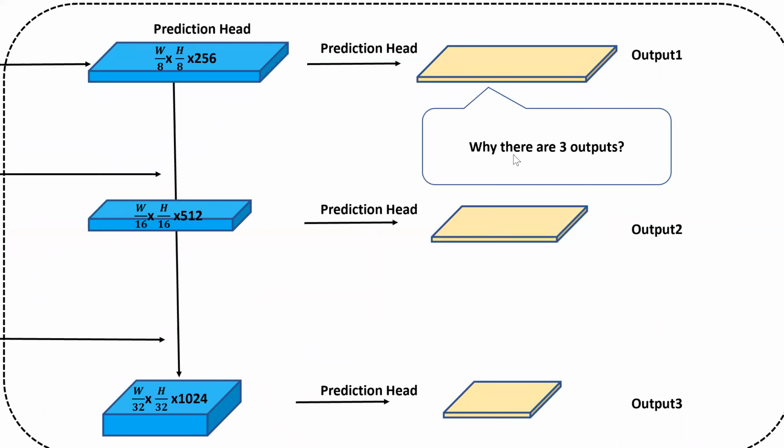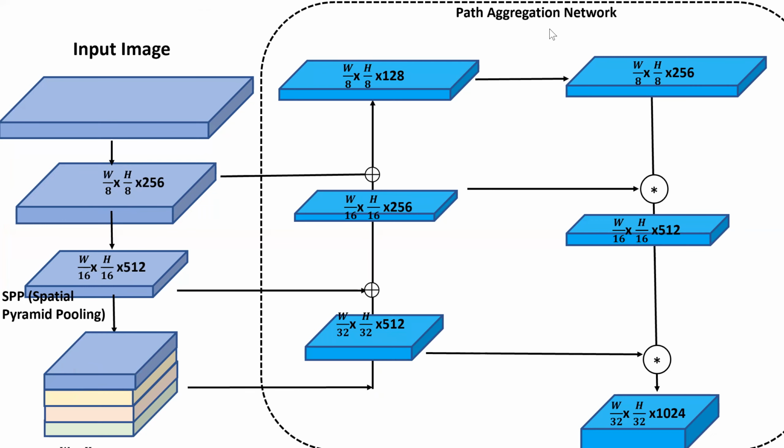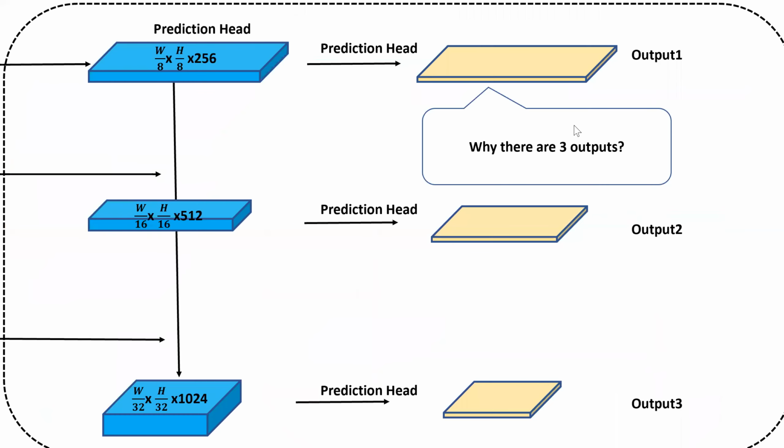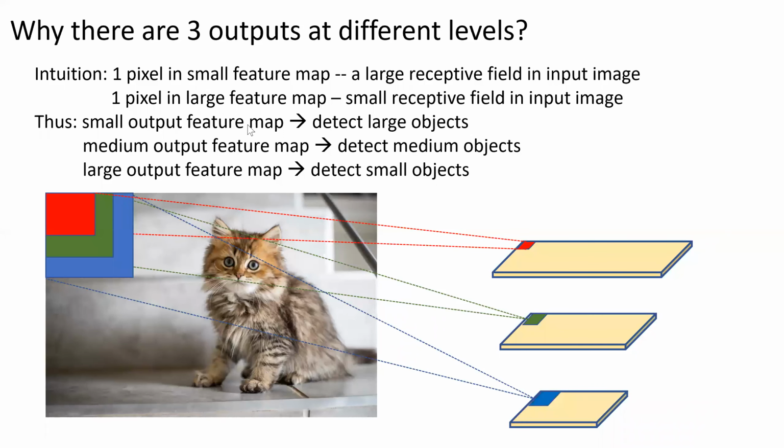Okay. And the last part, after this part called path aggregation network, 3 feature maps are output. You may ask why there are 3 outputs. You can see these 3 feature maps are of different sizes: a small one, a medium one, and a large one.